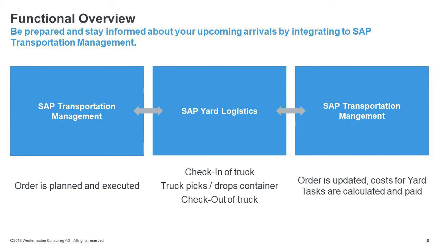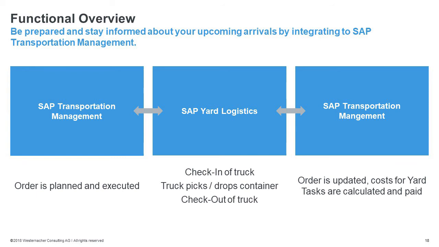After you have created this freight order, it is transferred to SAP Yard Logistics and makes a yard order out of this document. This yard order contains all the necessary information, such as where do I need to go in the yard, what are the steps that I need to do. With this creation, I can start my execution. The truck checks in, the truck drops off the container in this example, and the truck checks out.